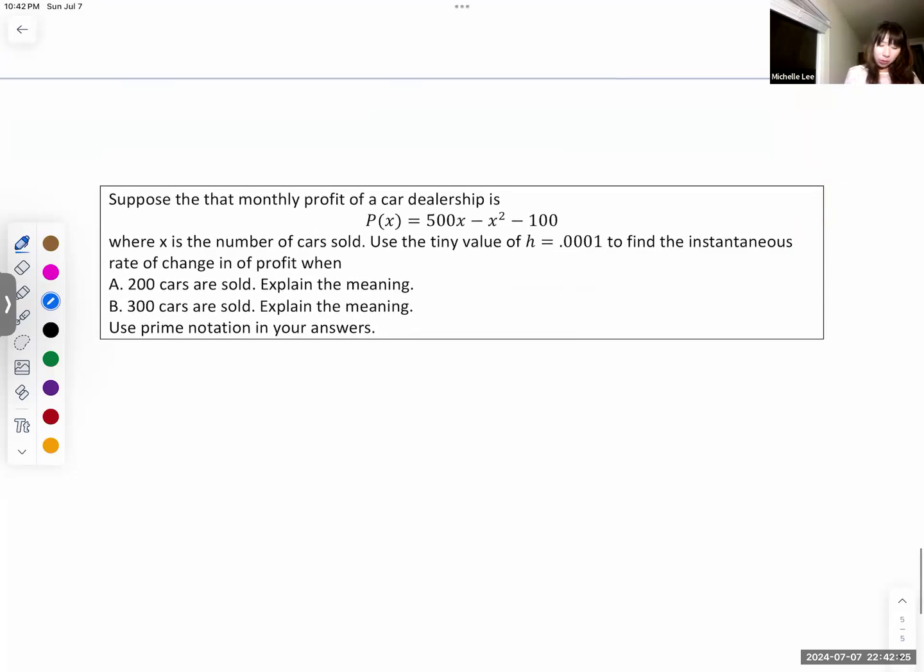Okay, so we have instantaneous rate of change. What does this mean? This means we need to find the derivative of the function, right?